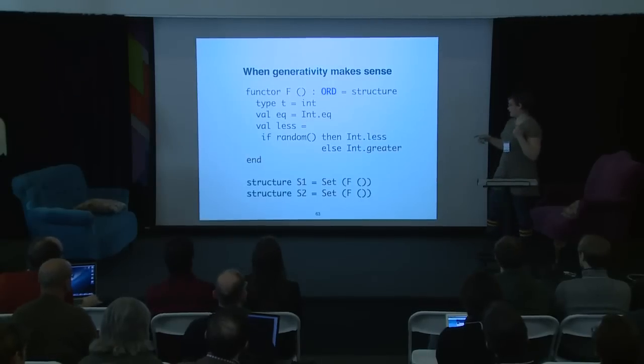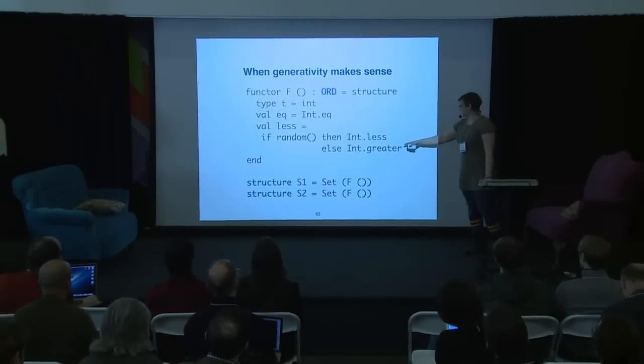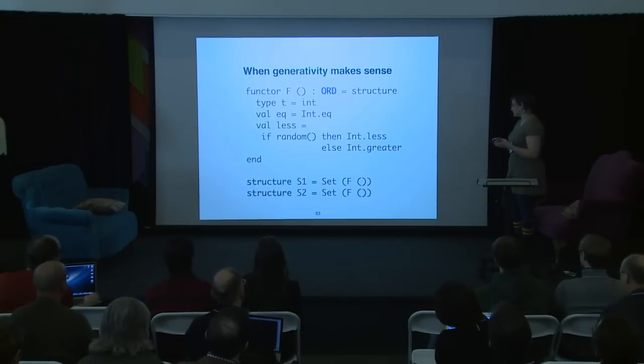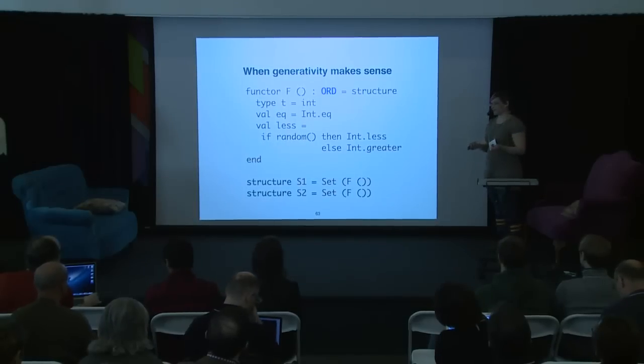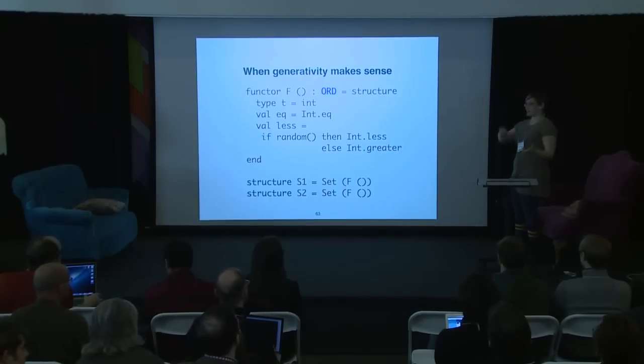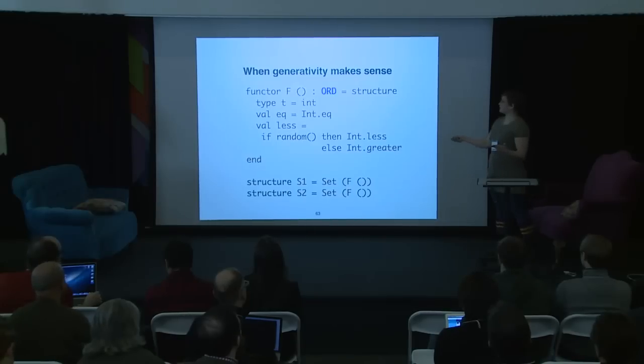Now every time you apply set to this functor, applied to the empty module, you might get a different implementation of this less function. And now these two sets are not actually compatible. So you don't want to add something from one set using one set's add function to the empty set, or to any other set built up by the operation in the other implementation.